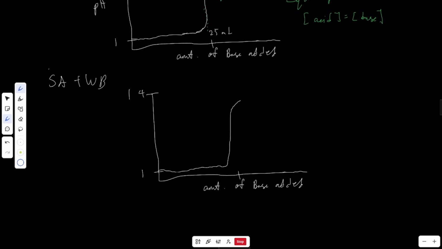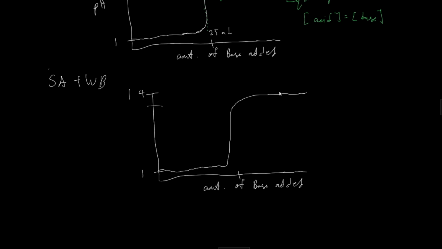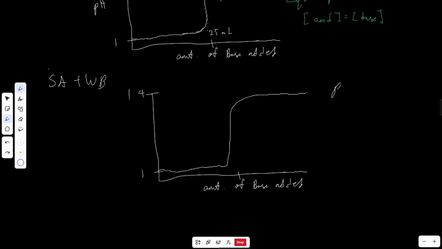However, this time it's like a soft curve. Let's say that this right here is like 11.9. My drawing is not very accurate, but basically pH here is like 11.